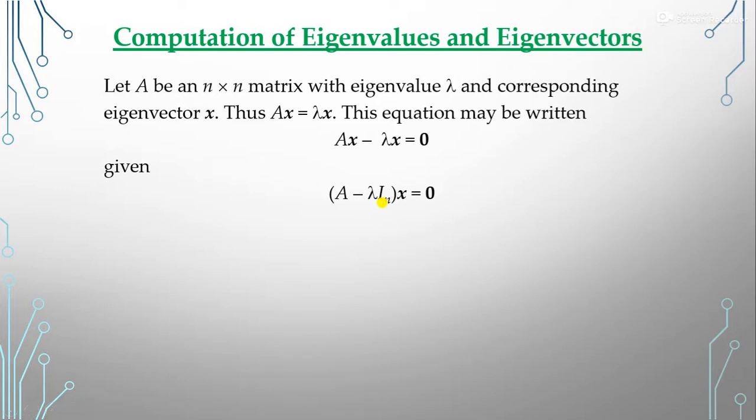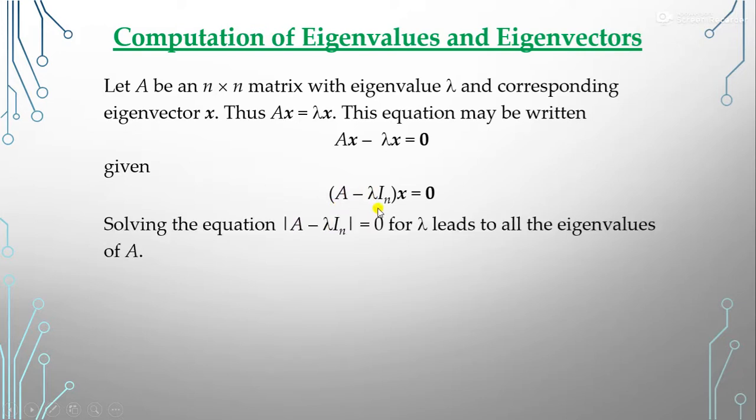We can use the identity matrix with any scalar if we want addition and subtraction from any matrix. So we can write this as A minus lambda I. Here we take the identity matrix of the same order as the matrix A.